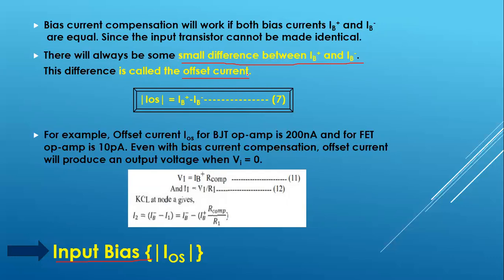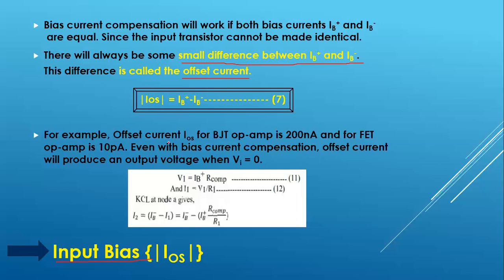As we have seen in the previous case, we are assuming that IB plus and IB minus are equal. If these both are equal, then the above condition, that is, the R compensation value, will be used to reduce the offset voltage. But if there is some difference between IB plus and IB minus, that small difference is denoted as the input offset current.